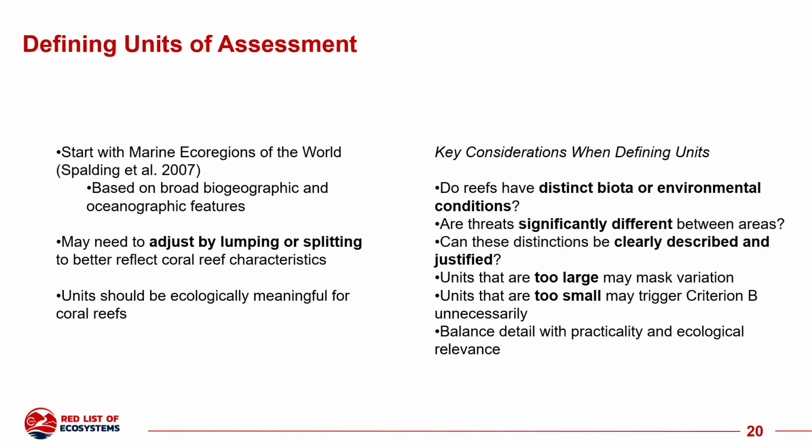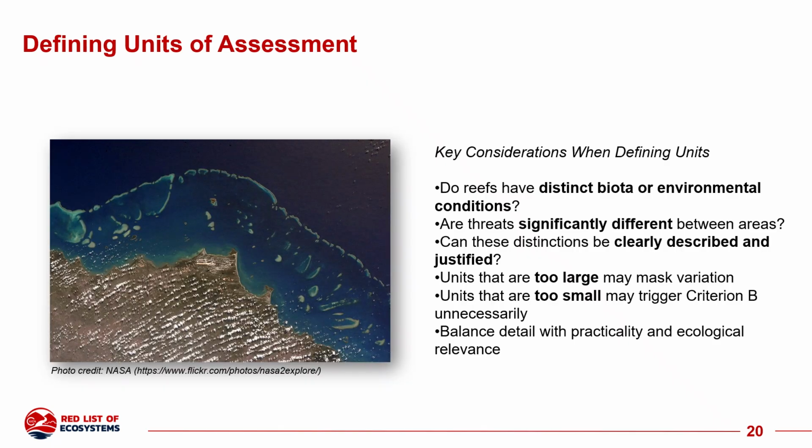And can we clearly describe these differences? It's essential that your units are spatially meaningful. If they're too broad, you risk masking important variation. If they're too fine, you may trigger Criterion B, which flags small or fragmented distributions, even when it's not ecologically justified. A good example is the outer and inner reefs of the Great Barrier Reef.